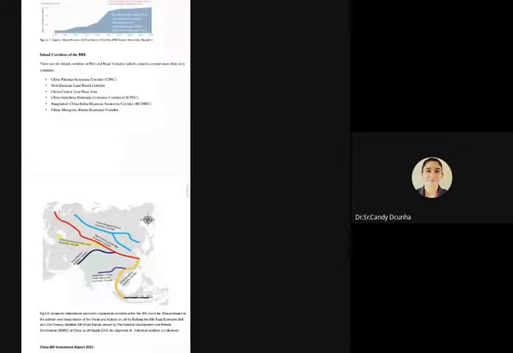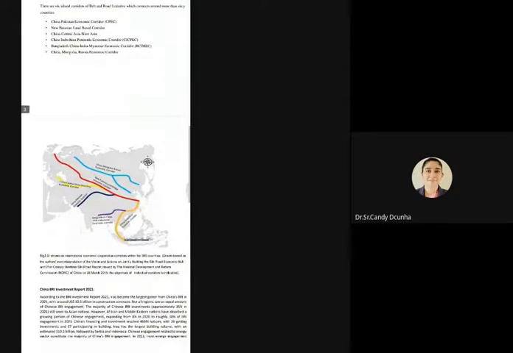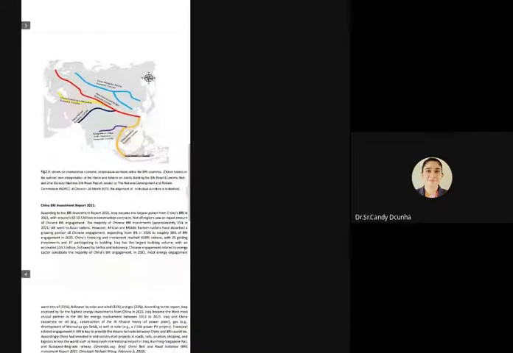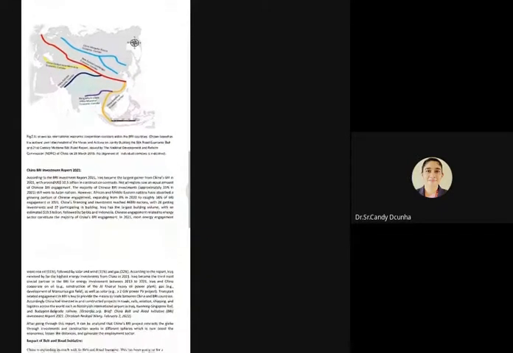So around 60 countries are connecting through these inland corridors. So this is the map that shows how China is connecting through the globe, and it closely relates to the new phenomenon of globalization.